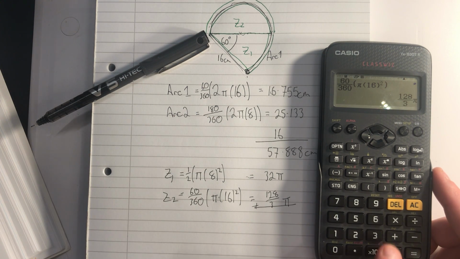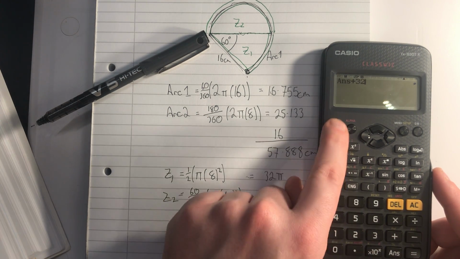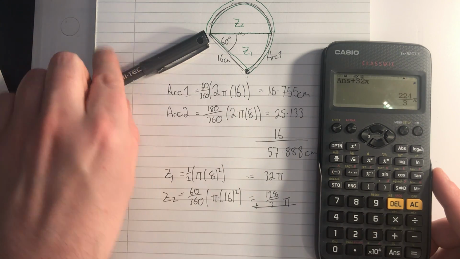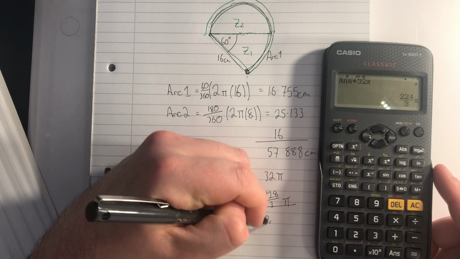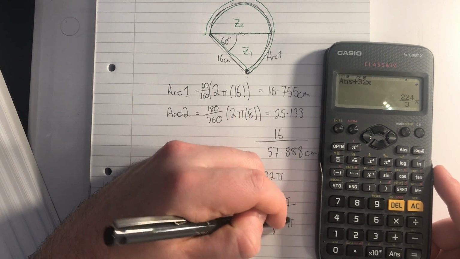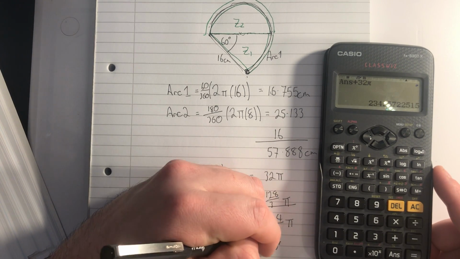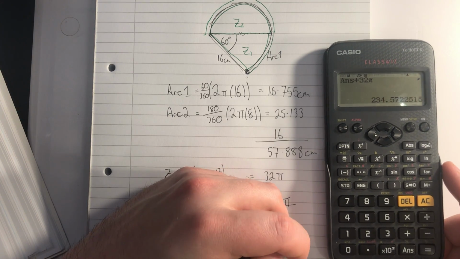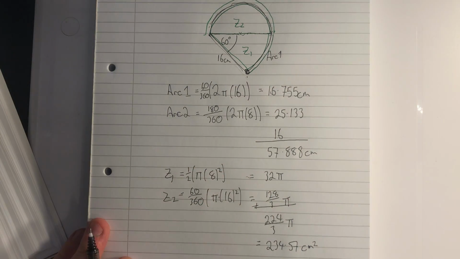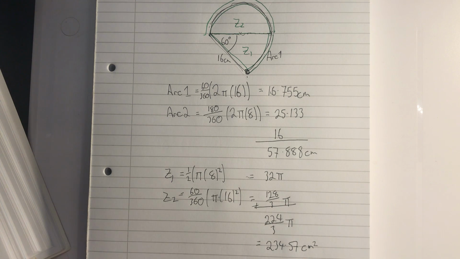So I can now add onto that 32 pi, and that gives me 224 over 3 pi, which is equal to 234.57 centimeters squared. So that's the area of that weird shape.